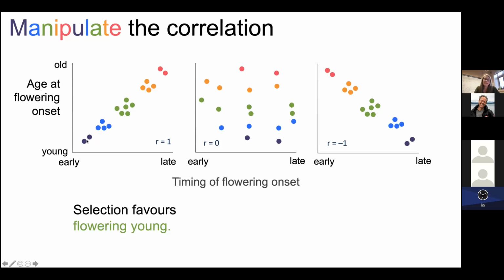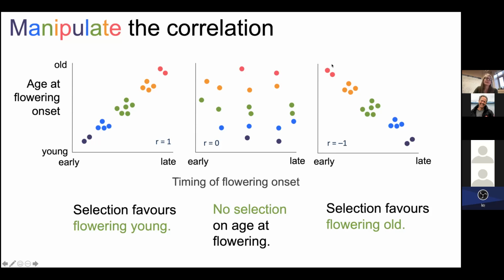In the treatment on the other side, I would expect selection to favor flowering old because the plants that flower earliest are the plants that flower at the oldest age. And in the middle, I would expect to find no selection on age at flowering onset because there's no association between a plant's age at flowering onset and whether it was early or late in the season.